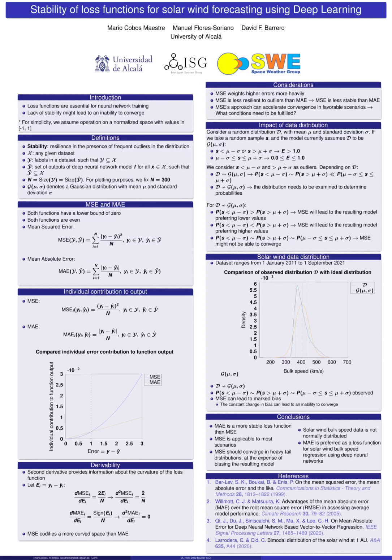So before we start, we should define what stability means in this context. We say that a loss function is stable if it is resilient in the presence of frequent outliers. This is to say, for any distribution D, we compute the mean and standard deviation, and if there are many values outside the range between the mean minus standard deviation and the mean plus standard deviation, we say that there are very frequent outliers.